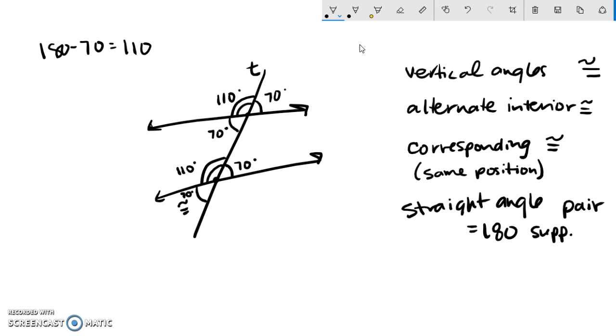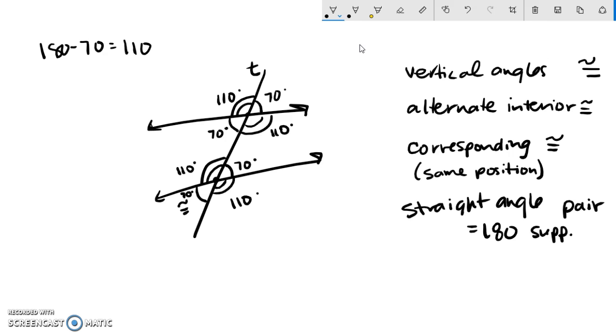Alternate interior, remember, means alternate is opposite side of the transversal. So I was on the left, now I need to be on the right of the transversal, but they're still between the parallel lines. So this one's between, and this one up here is also between. So this is going to be 110 degrees too, which makes sense because this is also vertical angles with this one. And now I can do a vertical angle right here to find out that this one is also 110 degrees because it's vertical with this 110 degrees.